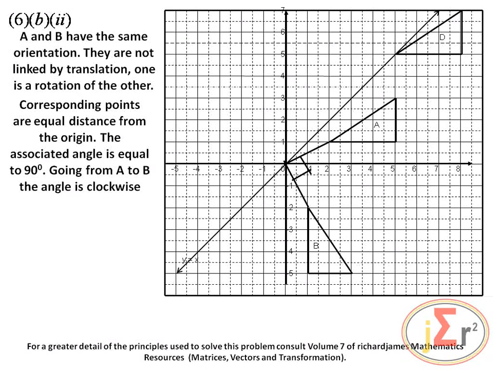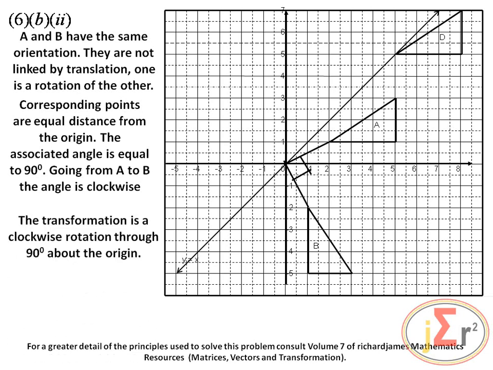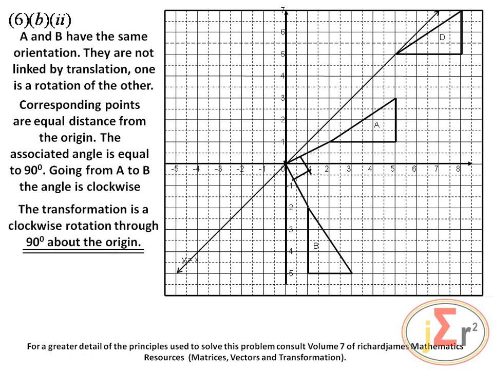And of course, the associated angle is equal to 90 degrees, going from A to D in a clockwise direction. So the transformation is a clockwise rotation through 90 degrees about the origin.